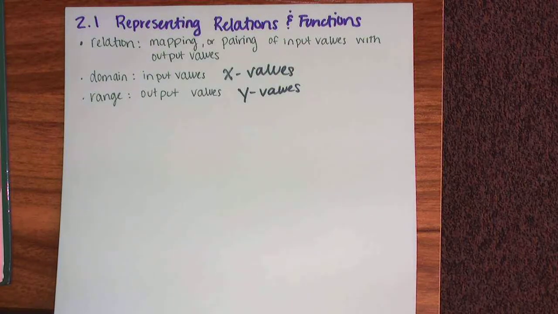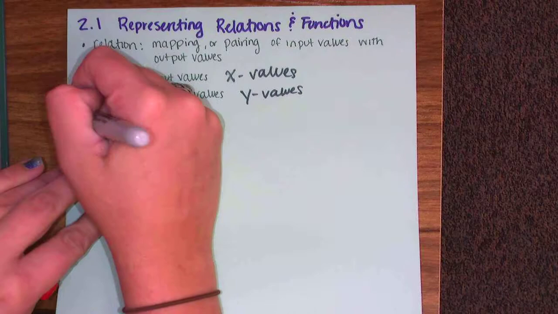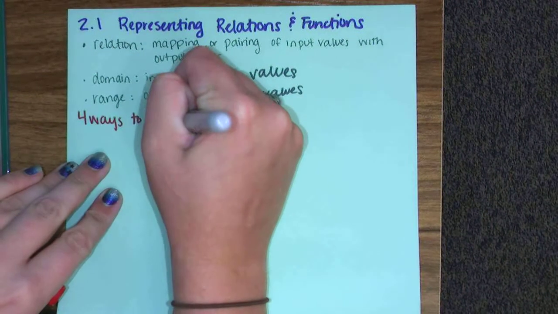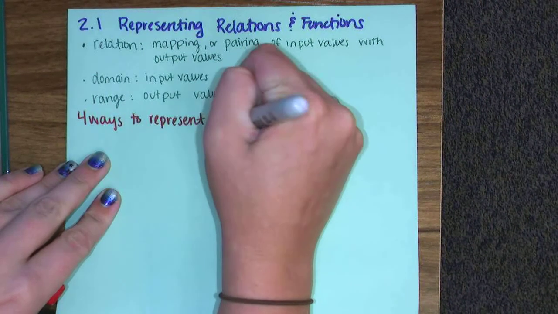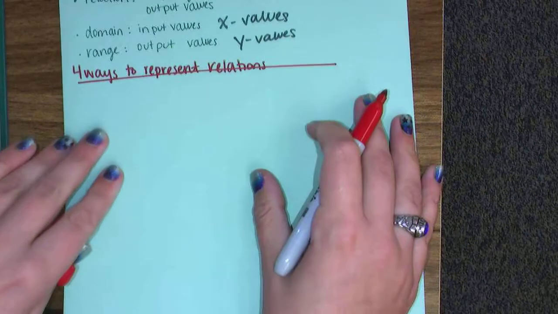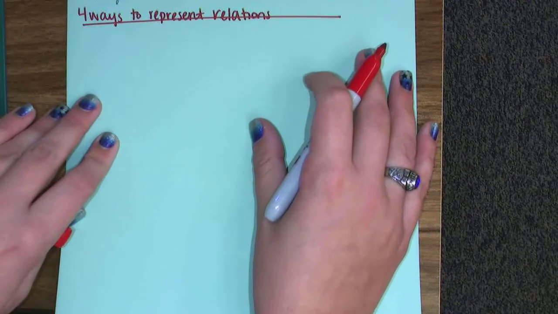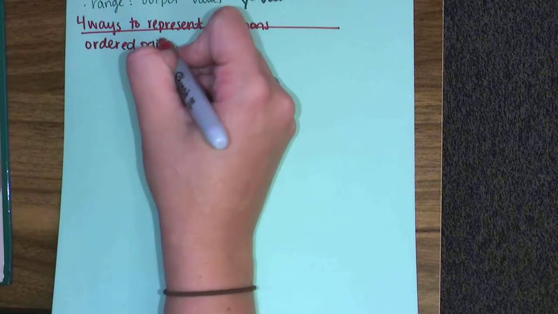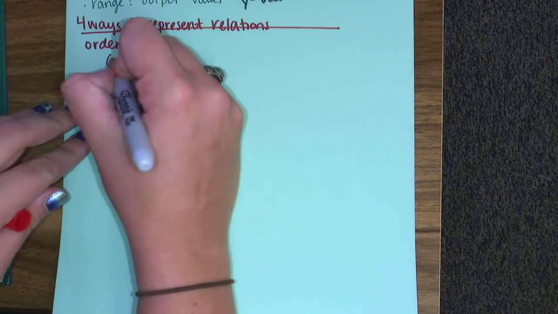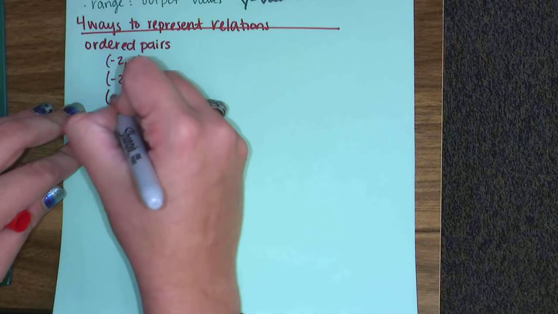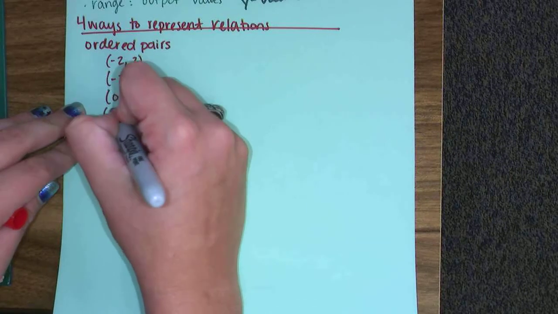So the first one we have is by ordered pairs. Okay, so we have (-2, 2), (-2, -2), (0, 1), and (3, 1).